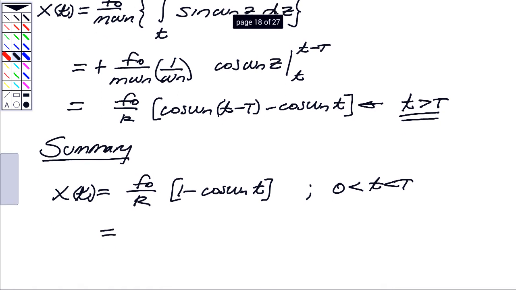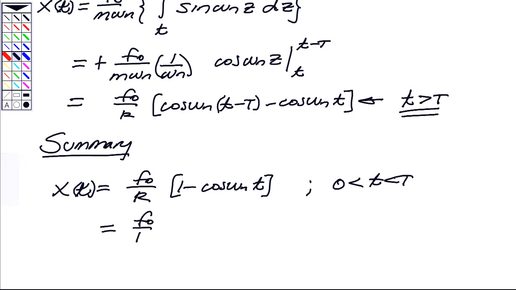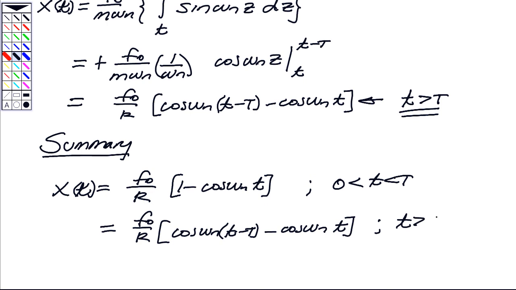What we got last was f naught over k, cosine omega n (t minus big T), minus cosine omega n t, and this is valid for time after the pulse is off.